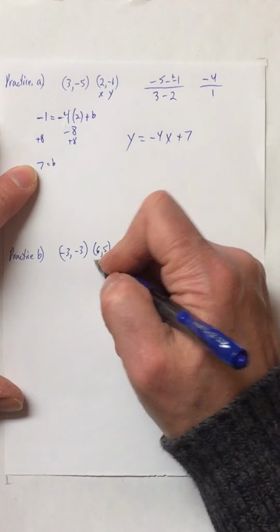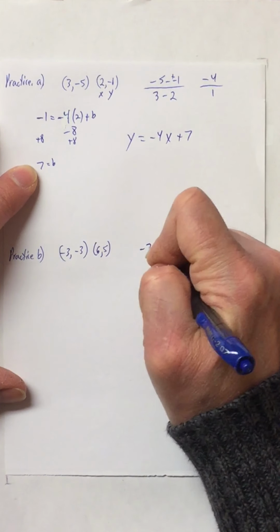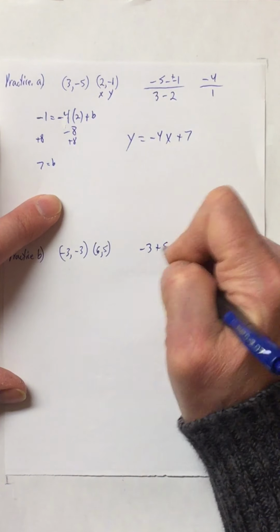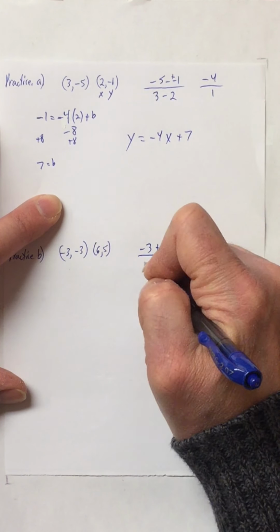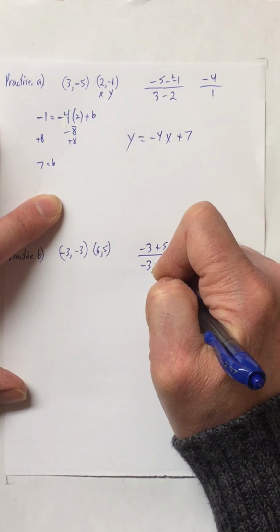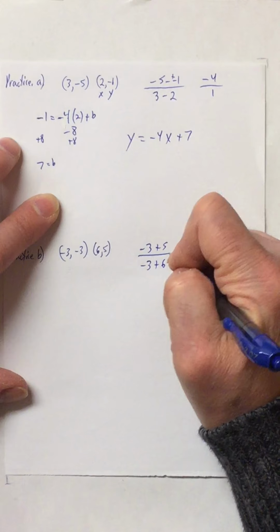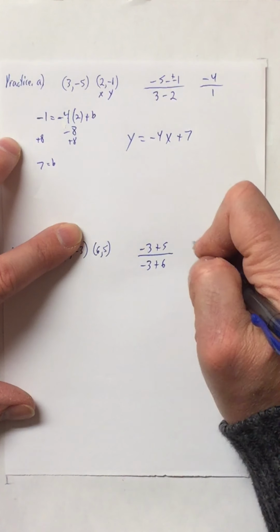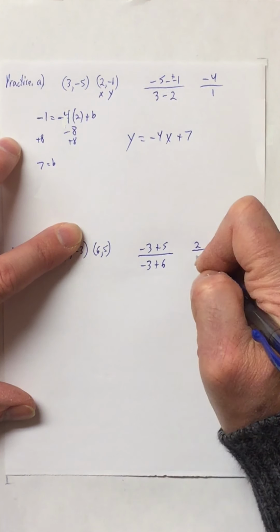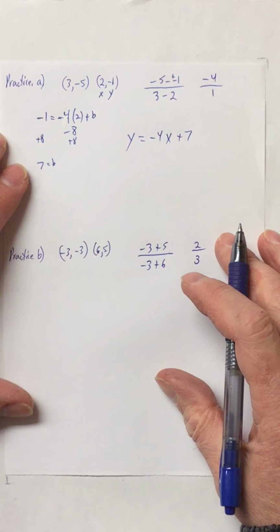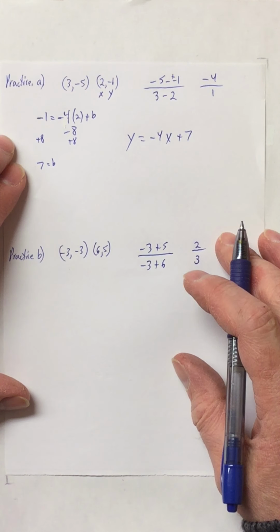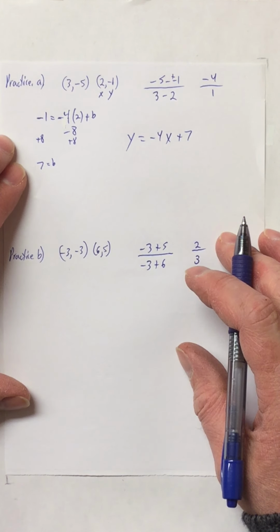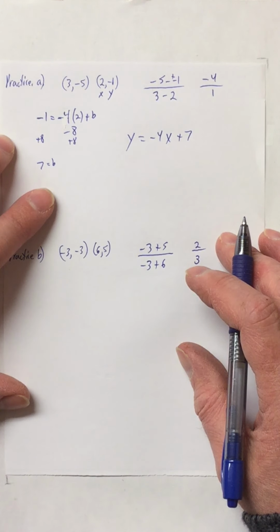All right, let's look at the second one here. Negative 3 plus 5 for my y's, and negative 3 plus 6 for my x's. Add these together, it looks like I get 2 on the top, 3 on the bottom. My slope is 2/3. All right, looking at my answer key here, and that's giving me a different answer.